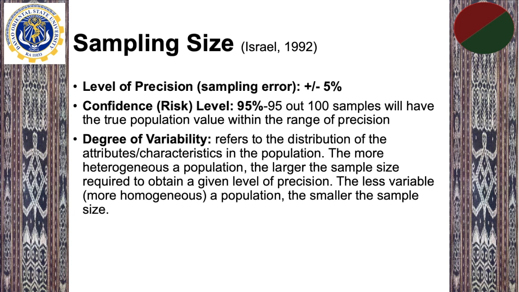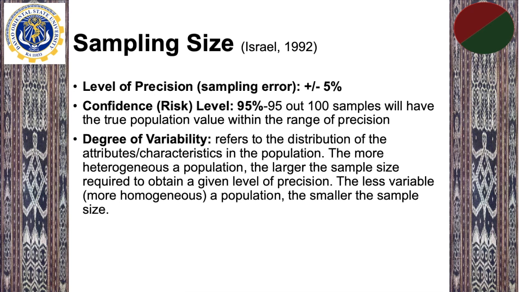We need to consider also the degree of variability, which refers to the distribution of the attributes or characteristics in the population. The catch here is that the more heterogeneous a population, the larger the sample size required to obtain a given level of precision.